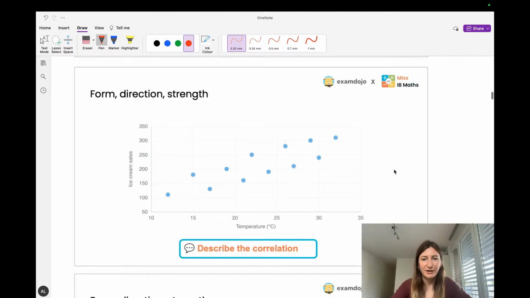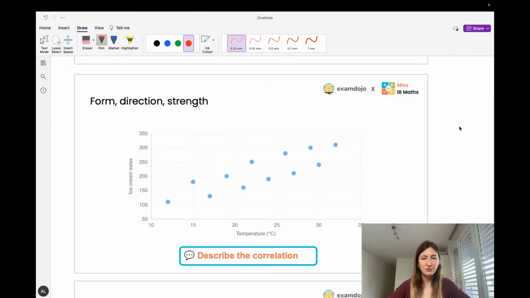All right, so now the question that I had, can you describe this correlation with the words linear or nonlinear, positive, negative, and the strength of the correlation? What do you think? Moderate, positive, linear.